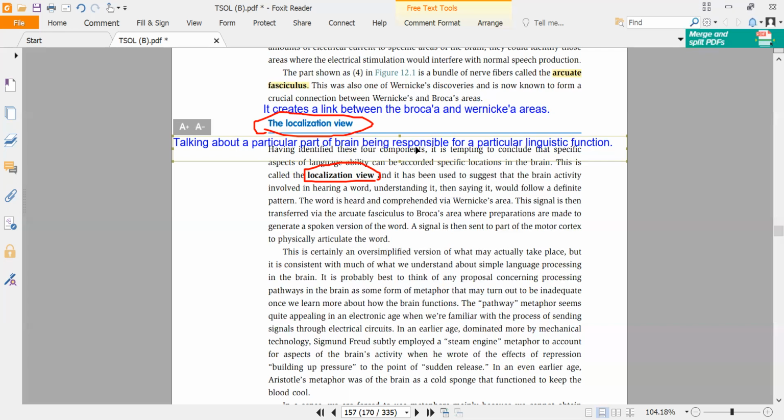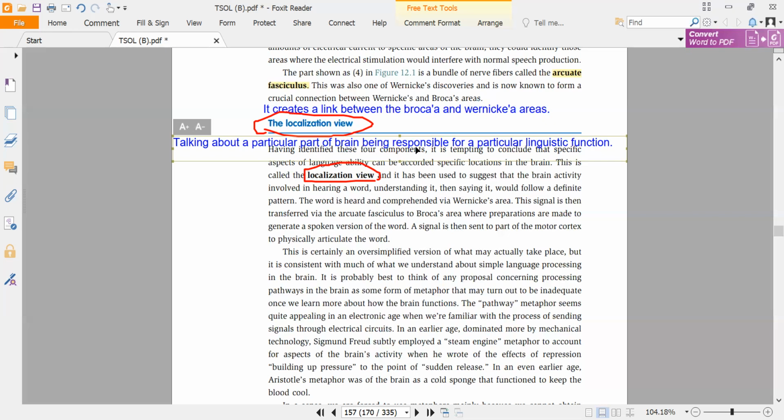If you talk about Wernicke's area, if we say that Wernicke's area is responsible only and only for the comprehension of speech, and it cannot perform any other function, again we are specifying one part of the brain to one linguistic function only. This perspective is called the localization view, right?